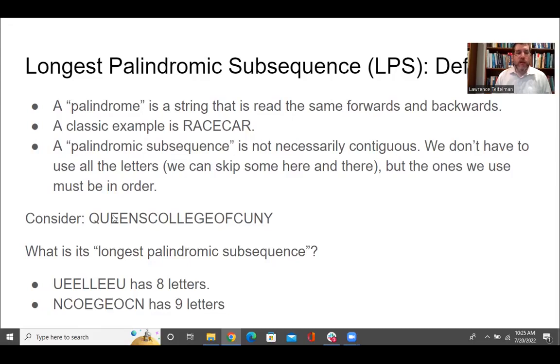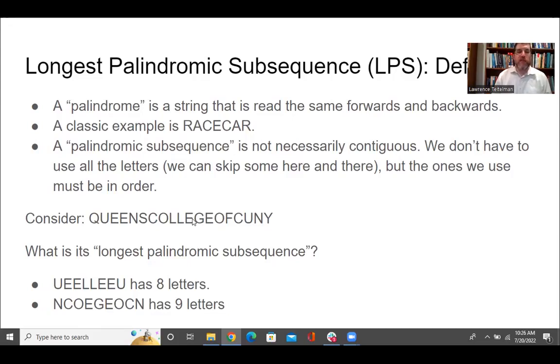So I think it's 3, but I have been wrong on these things before, where students visually found ones bigger than my vision. So the longest substring that is a palindrome. So I think it's 3. I think it's an EGE. Anyone see anything bigger than that? Okay, I'll take that as a no.